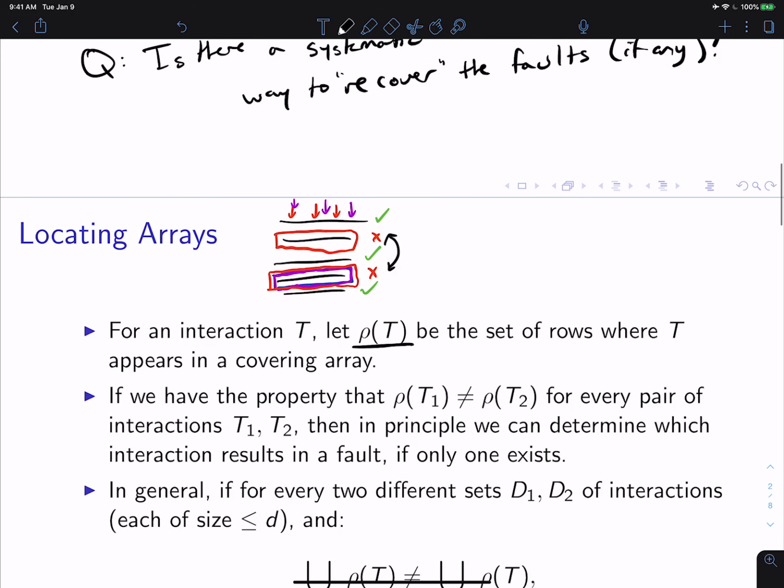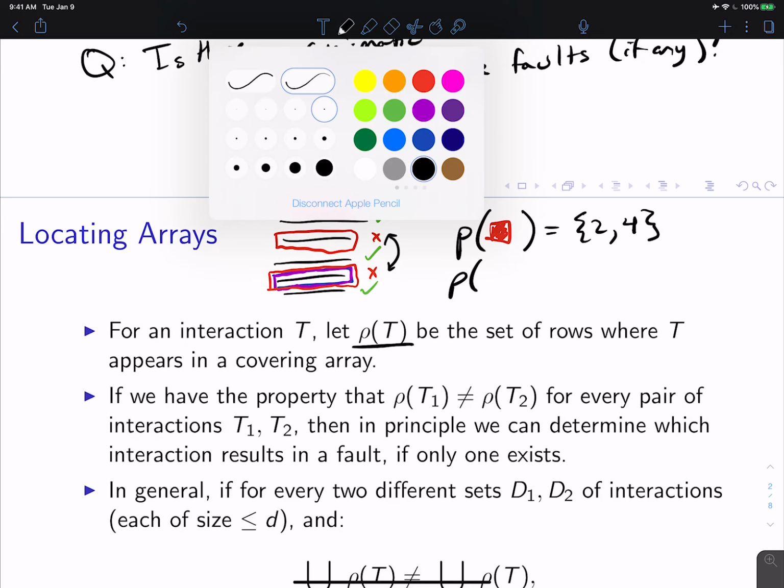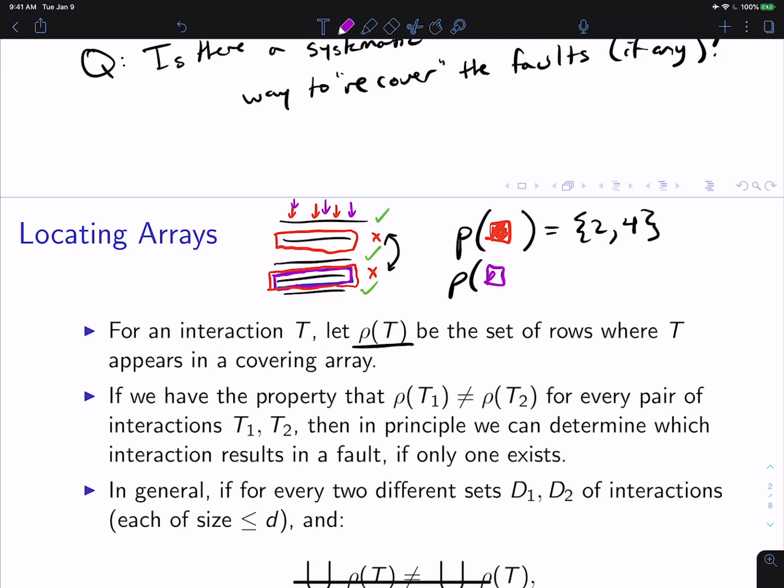So for the example that we have here, the red one is going to be rows 2 and 4, and the row set for the purple interaction is just 4 in this case. Notice that these two sets are different, and that allows us to distinguish one interaction from the other.